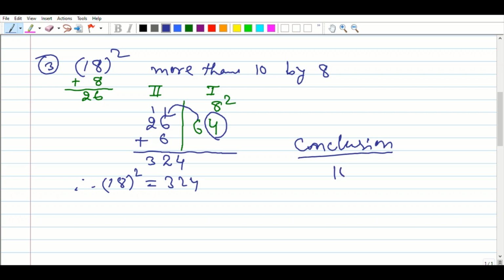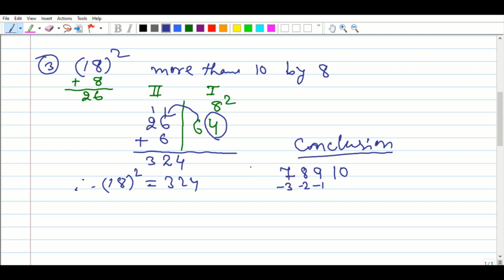When we have numbers before 10, suppose 9, 8, 7, they are less than 10. 9 is less than 10 by 1, 8 less than 10 by 2, 7 less than 10 by 3. So always minus: it is by 1, by 2, by 3.